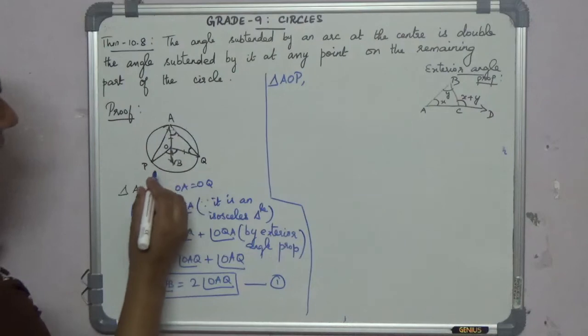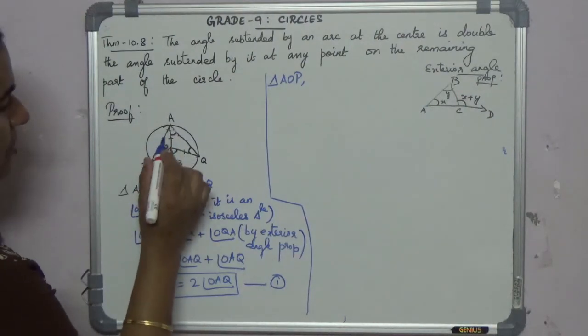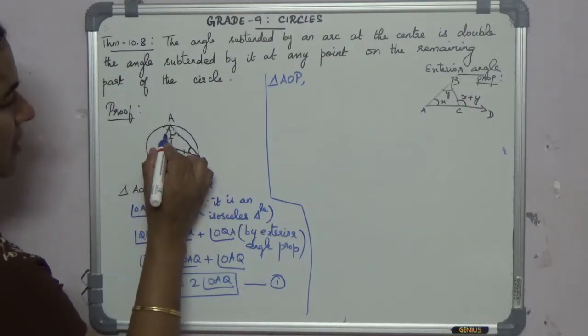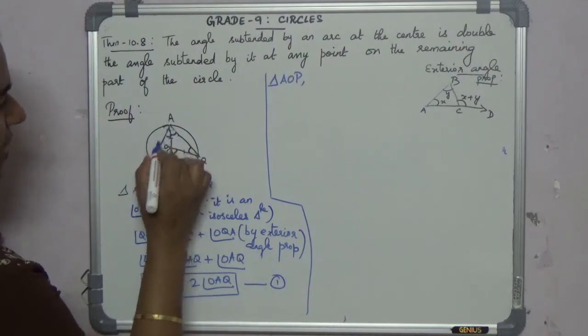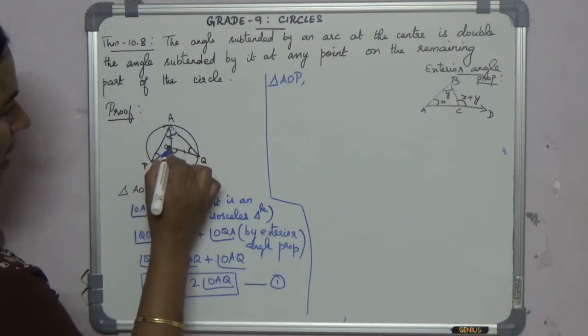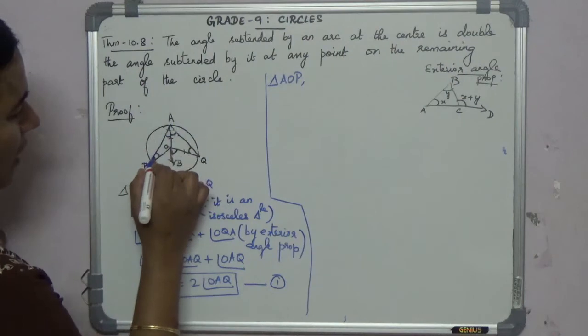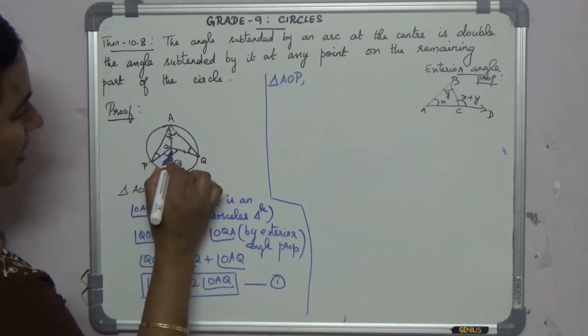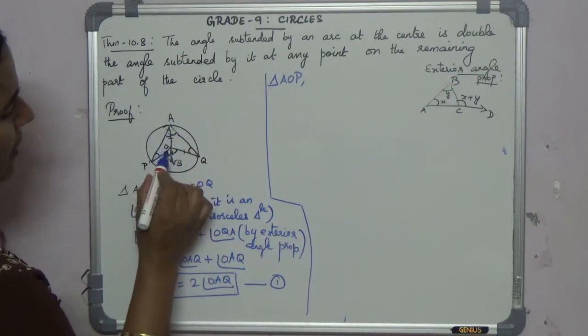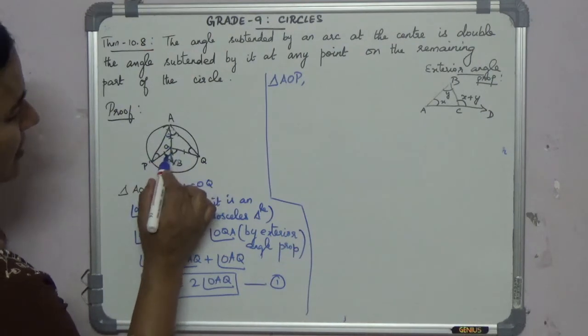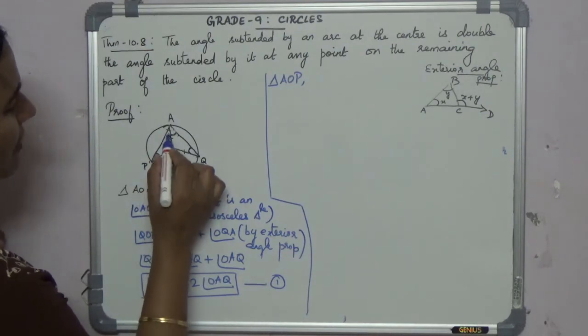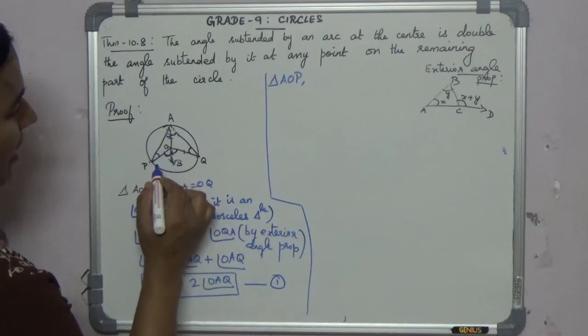Now in this triangle, again we are going to apply the exterior angle property. That is angle OAP and angle OPA. When you add these two angles, you will get the exterior angle. The exterior angle is equal to the sum of two opposite interior angles.